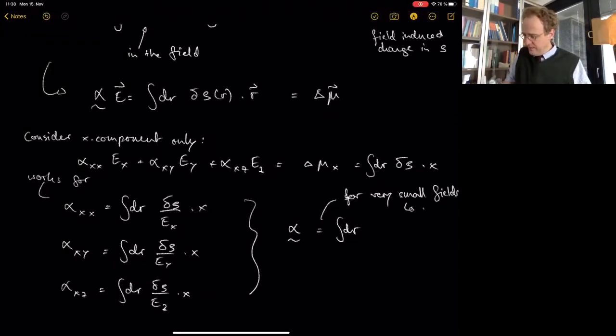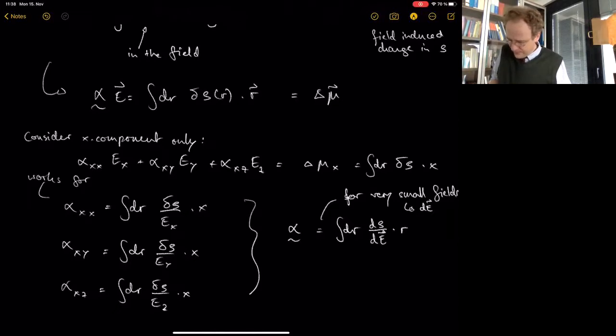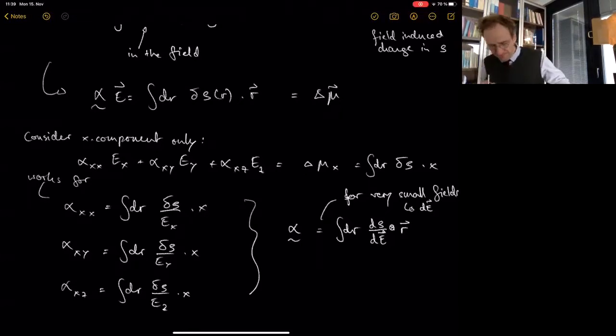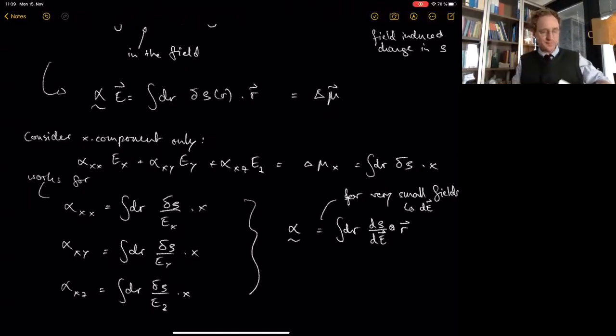Then you would have dE, the change in the electron density with respect to that field, times the corresponding X component, right? So you have these two vectors, and they form something like an outer product. So that gives you this matrix, the polarizability matrix.